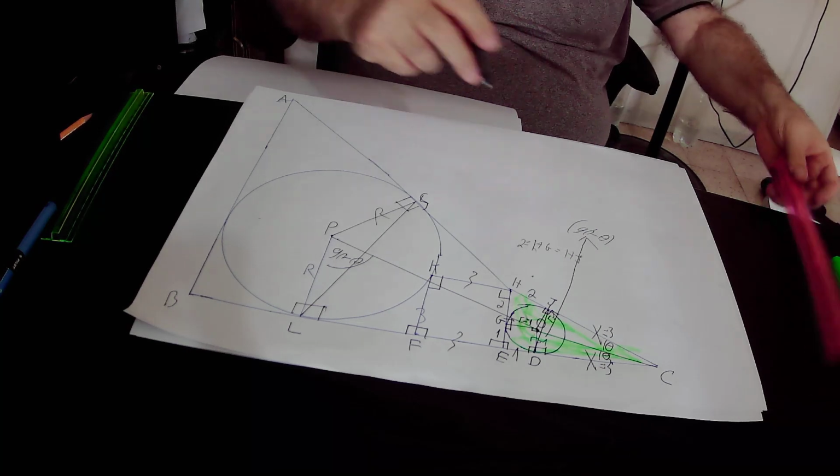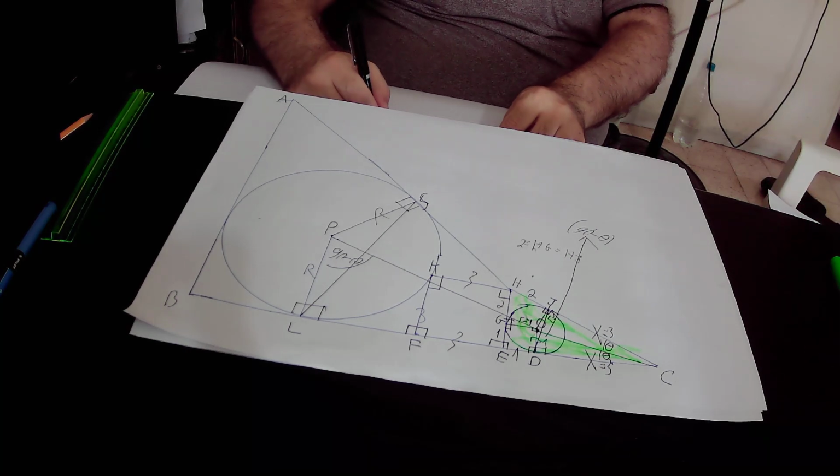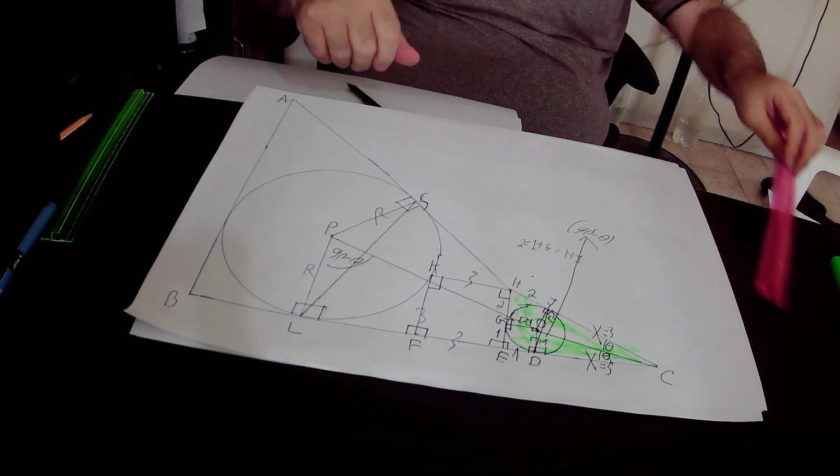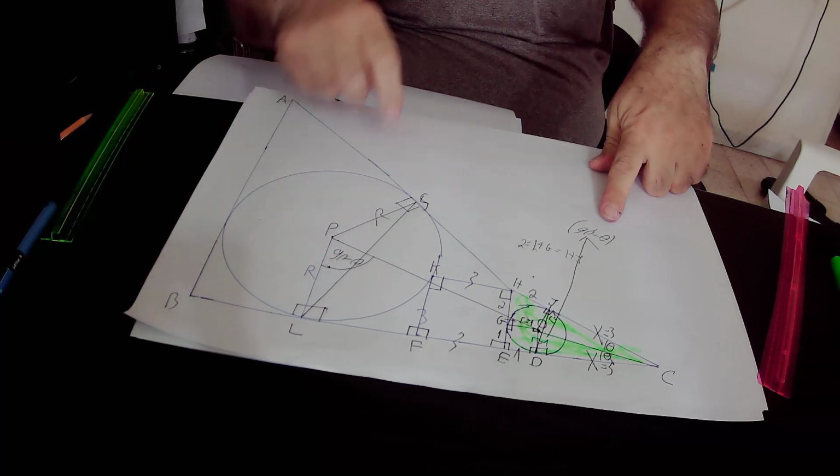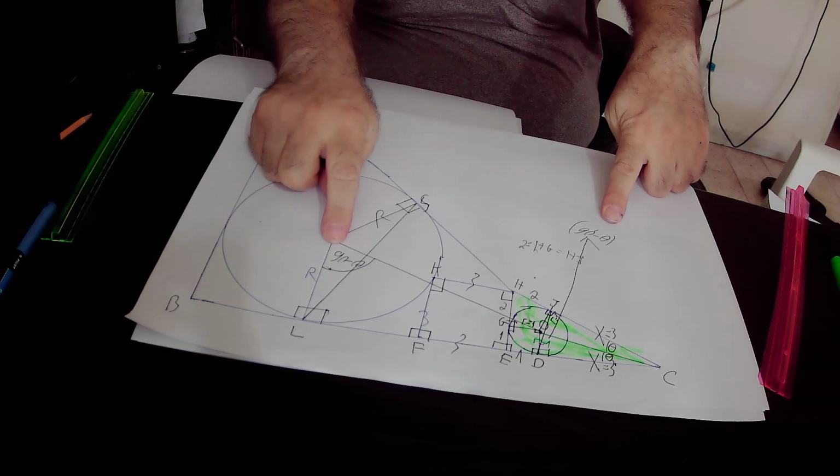So why are those two triangles similar to each other? First of all, those two angles are both equal to 90 degrees minus theta, therefore they are equal to each other.